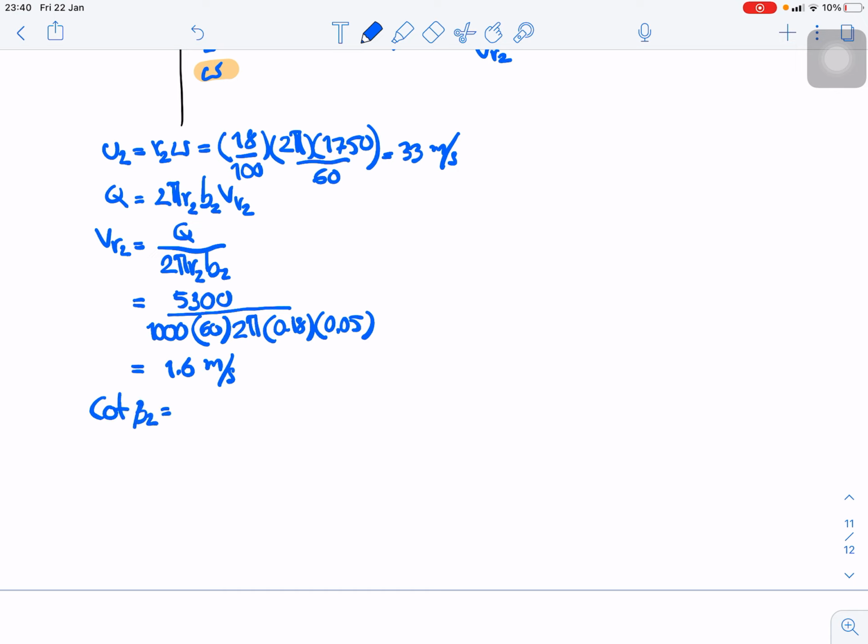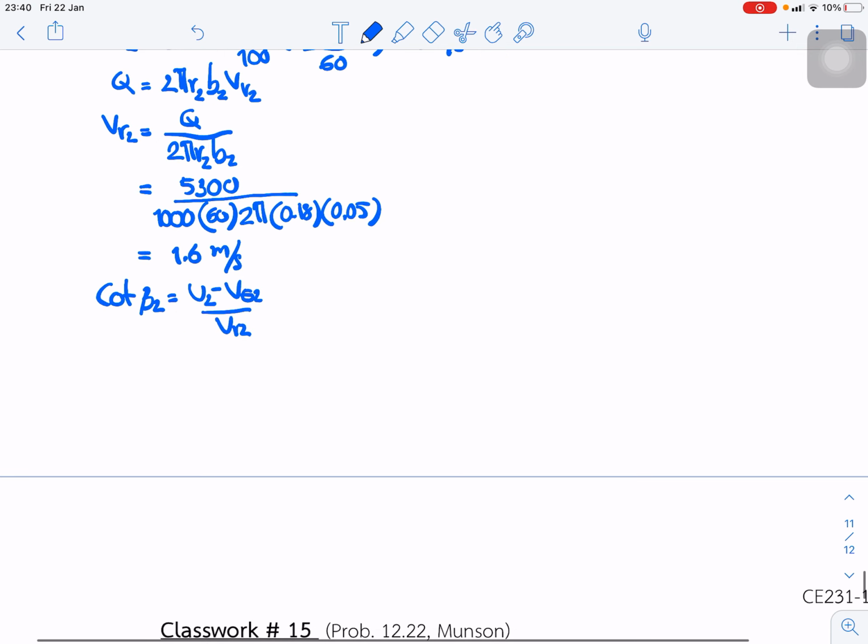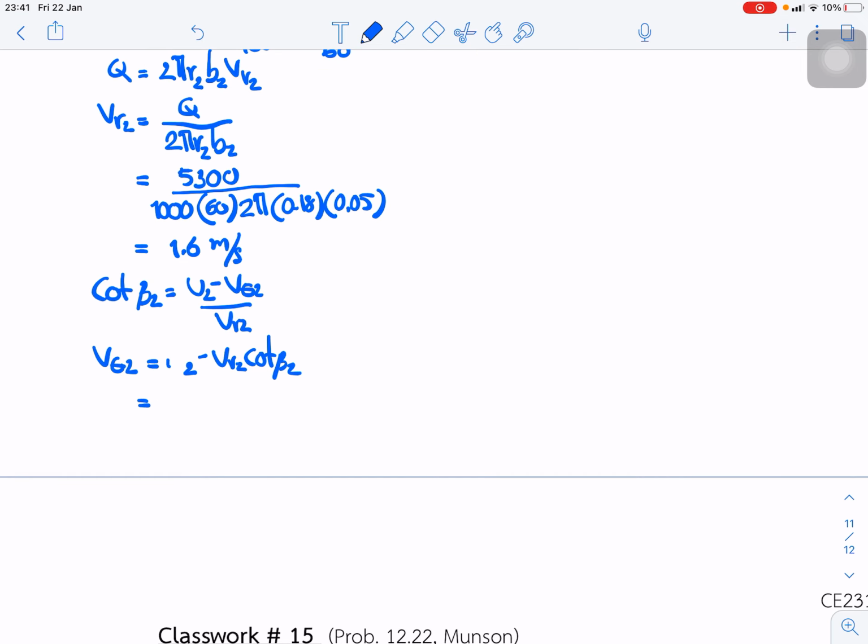And for cot beta 2, from the above equation, u2 subtract v theta 2, so we can find v theta 2 is equal to u2 minus VR2 cot beta 2: 33 subtract 1.6 cot 20 degrees.